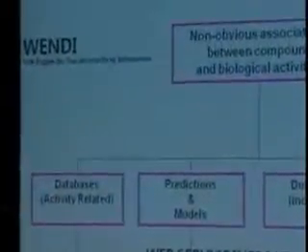It tries to help answer this question, because it will find obvious associations between compounds and biological activities. So currently, we would like to aggregate 4 main resources: databases, activity-related predictions and models, and documents, including journals, and some other web sources.